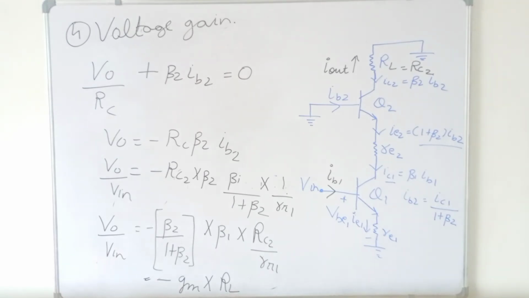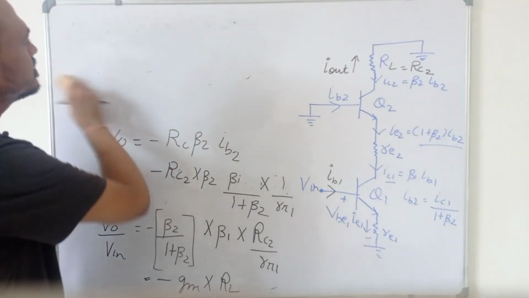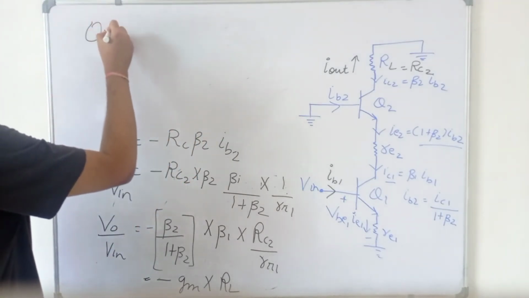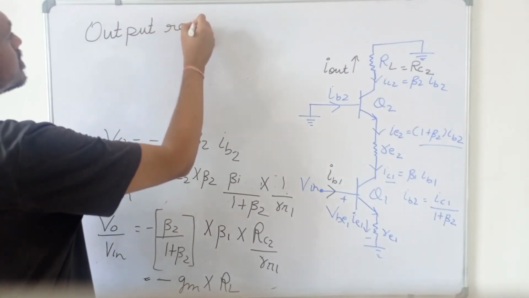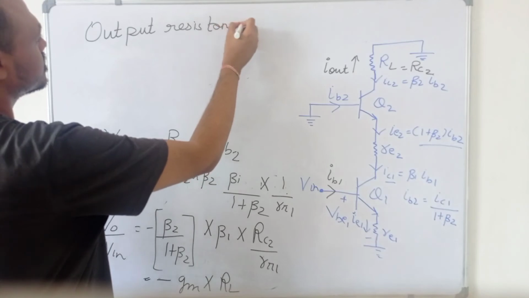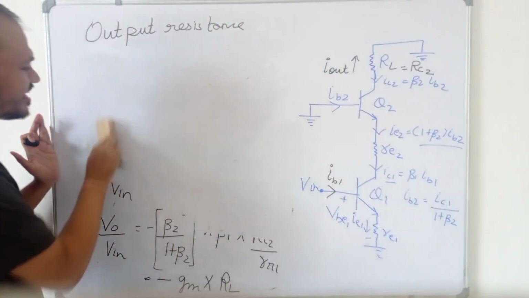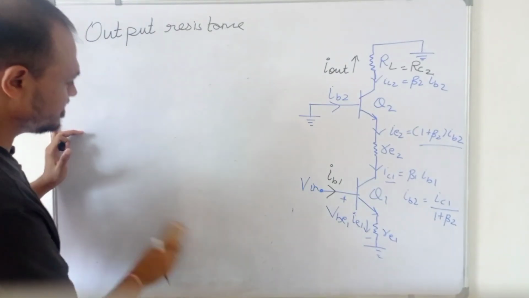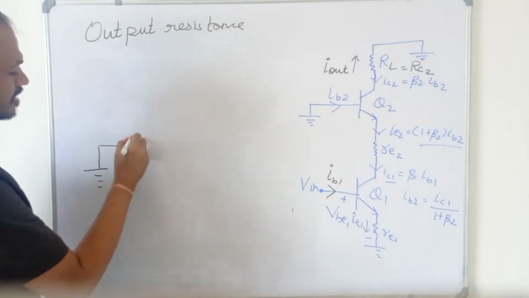Now the last and the final thing which we have to find is the output resistance R naught. For finding the output resistance, we ground the input voltage source.